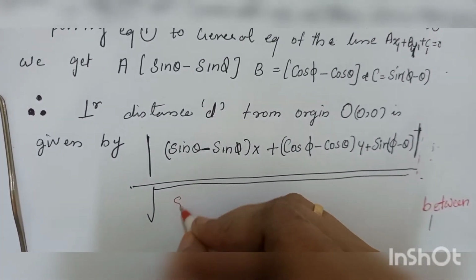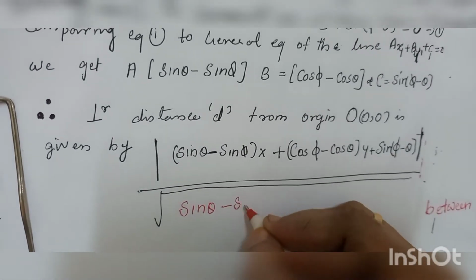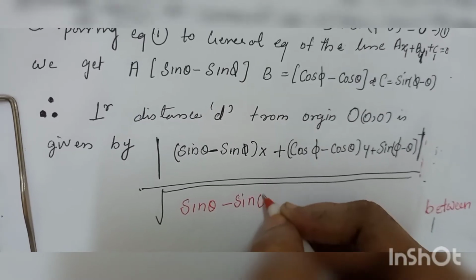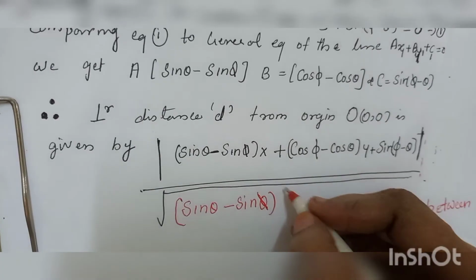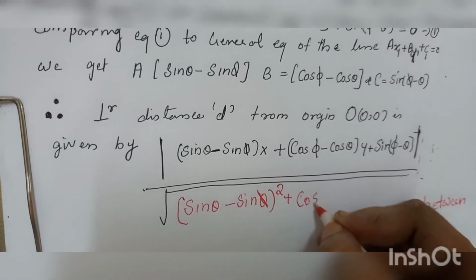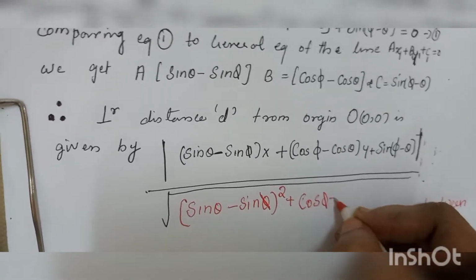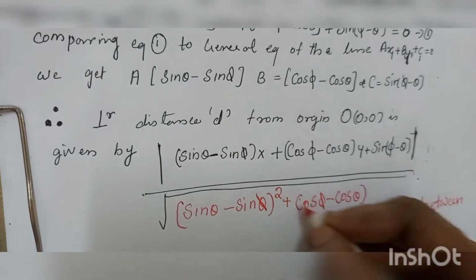A square is equal to sin theta minus sin phi the whole square plus cos phi minus cos theta the whole square.